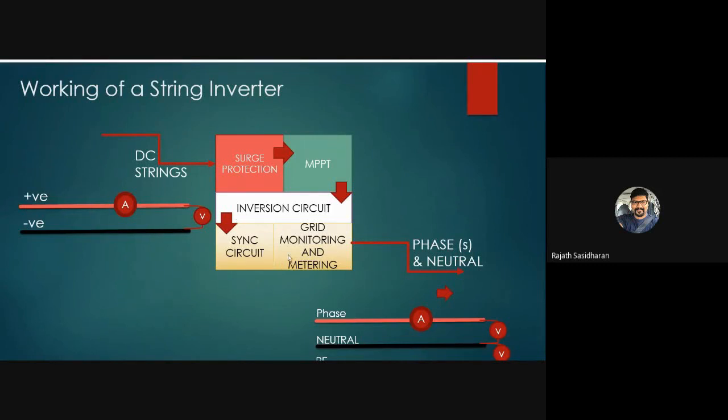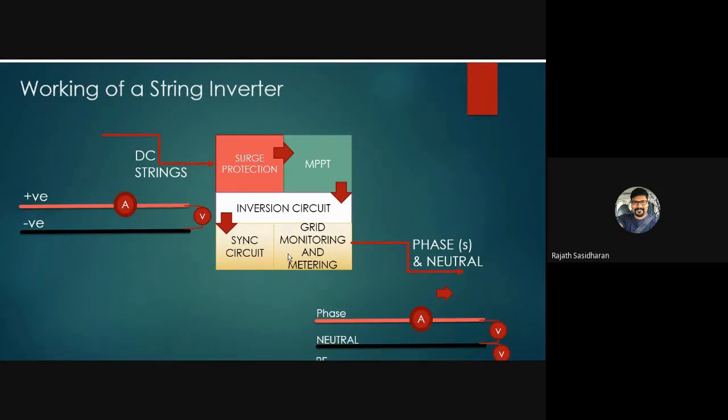Then it comes to the sync circuit. The synchronization circuit, why do we need a synchronization circuit? Because you are actually exporting your energy through the system into a grid. So the grid has different characteristics, right? The voltage, if it's a three-phase system, then the phase-to-phase voltage, the phase-to-neutral voltages, and at the end of the day, we have to consider the voltage between the neutral and earth as well.